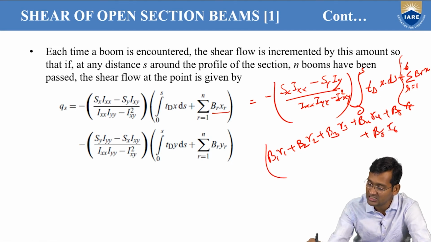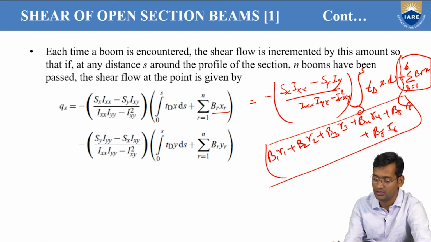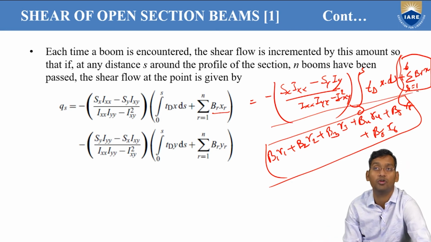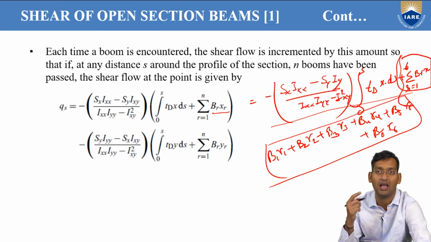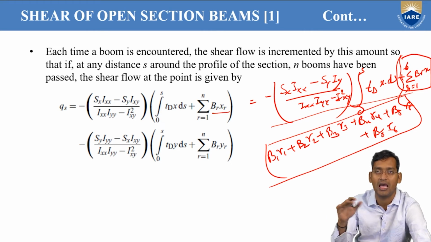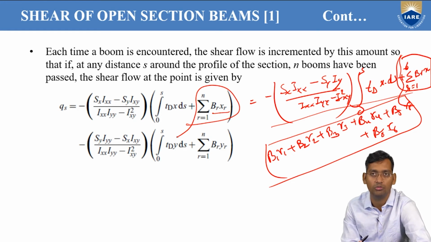Right. So for this term alone, you have to add: just find the total boom area terms and substitute here, and you will get it for n number of booms. That's why we have chosen one, first B1 x1, for two B2 x2, and then take the sum of all these terms.